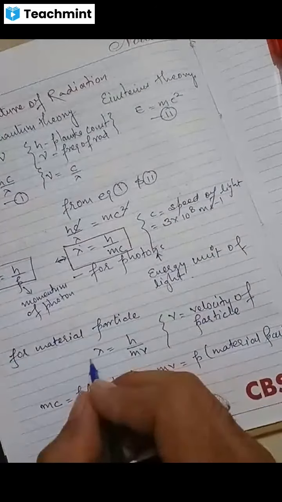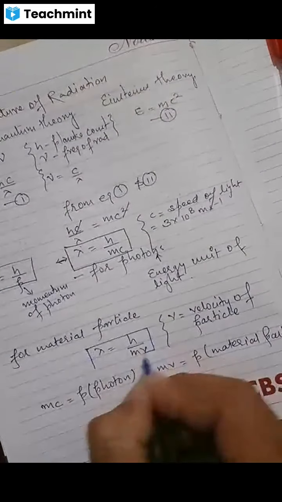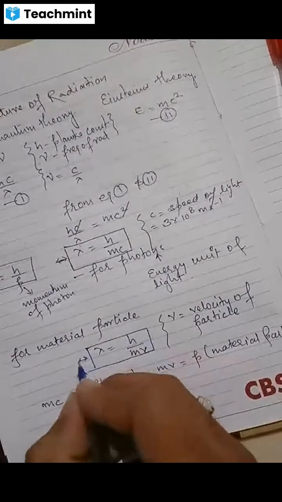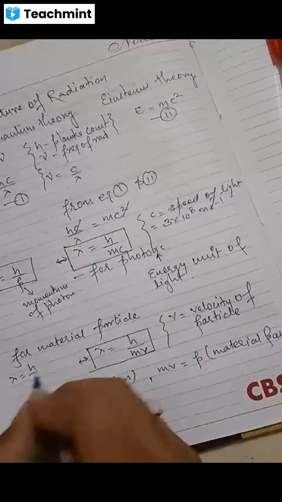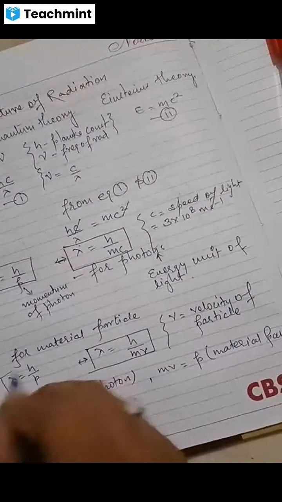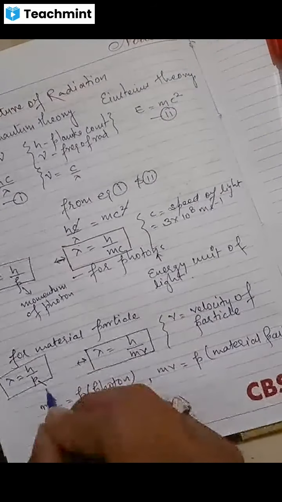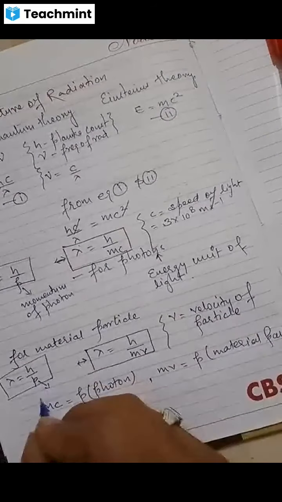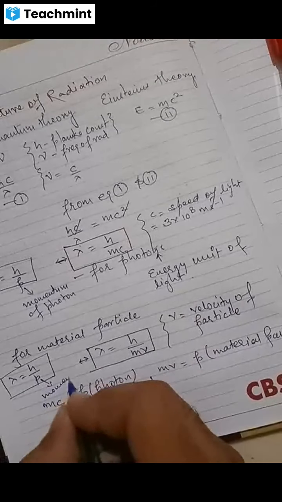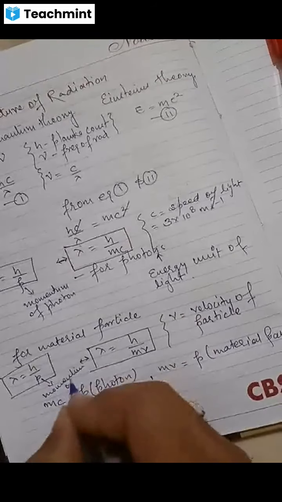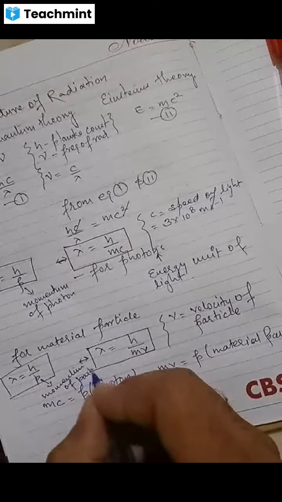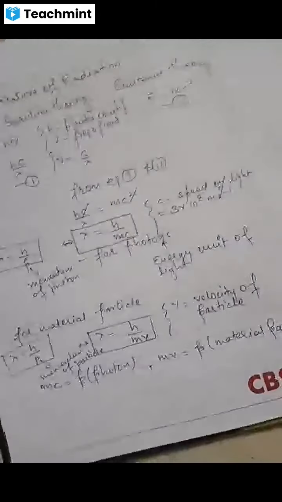And here you can write it like lambda is equal to h upon mv. You can also write it as lambda is equal to h upon p. And here p is momentum of material particle.